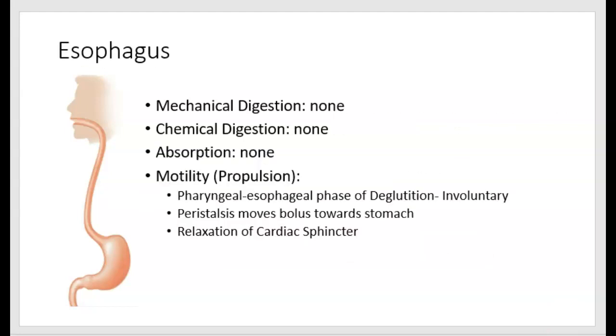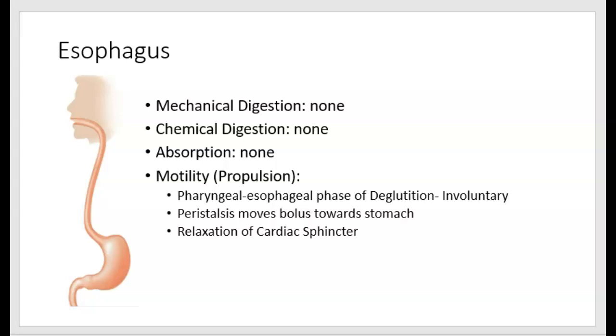Now moving on to the esophagus, there is no mechanical digestion, no chemical digestion, and there's also no absorption. But of course, the food bolus is propelled through esophageal motility. And so we have the second phase of deglutition occurring. This is involuntary.